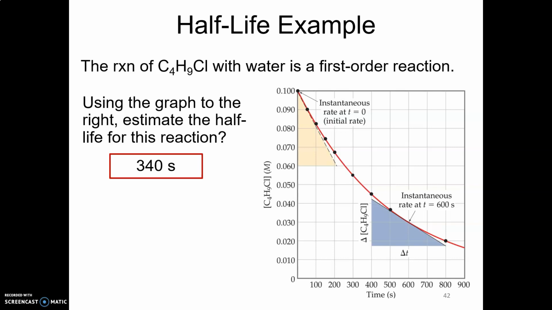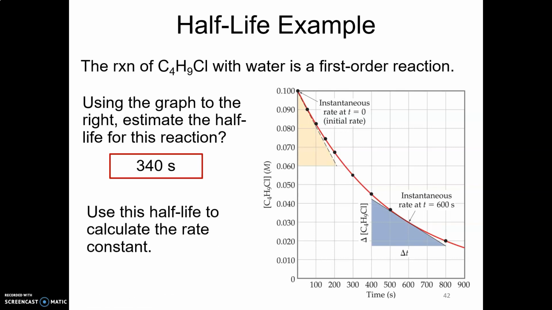So to answer the half-life, if you have a graph like this, you don't need to know the reaction order. However, if they ask you for the rate constant, that's when you have to know if it's first order or second order, because you've got to know what equation to use. So you know it's first order. First order is 0.693 divided by K. That's what half-life is.